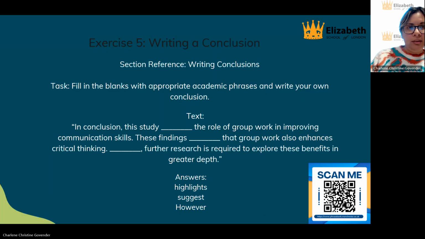Okay. So, writing conclusion. What I will need from you is your help. We got some information that we need to fill in, and that is to fill in the blanks with the appropriate academic phrases and then to write your own conclusion. So, text. In conclusion, the study, blank, the role of group work in improving communication.